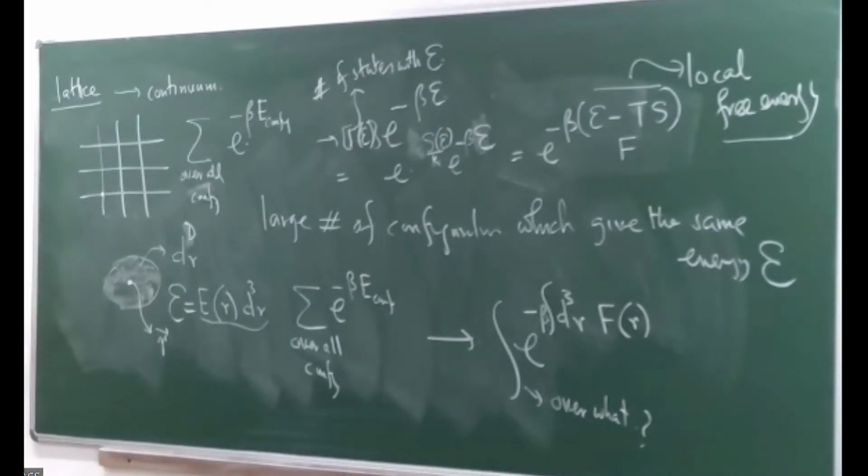A configuration is determined by the local value of these spins up and spins down in this language, which are added up and divided by the volume, and what you have here is some variable m of r, which for now I'll just call the local magnetization.